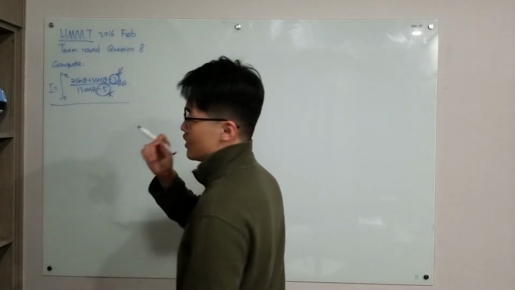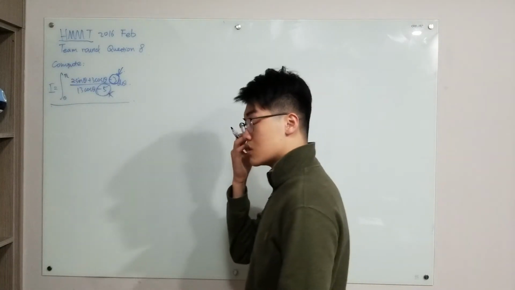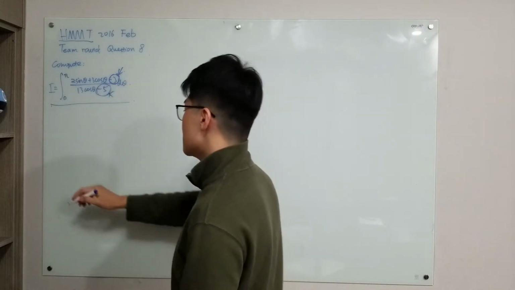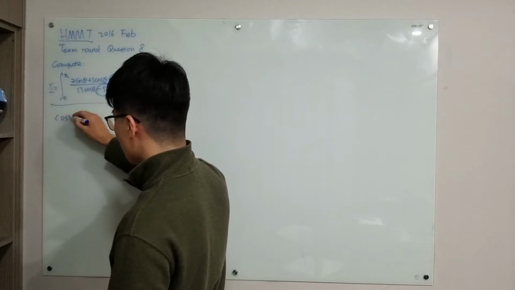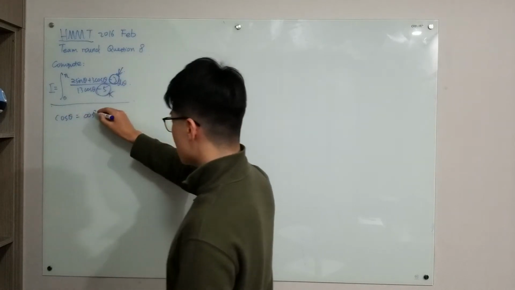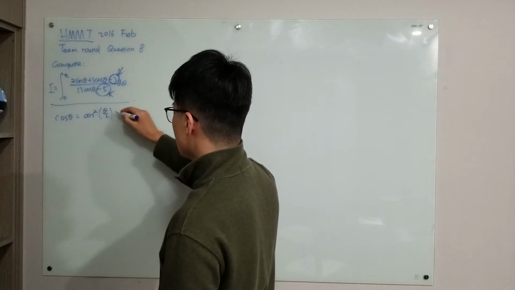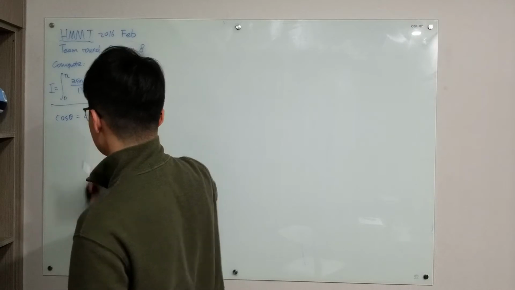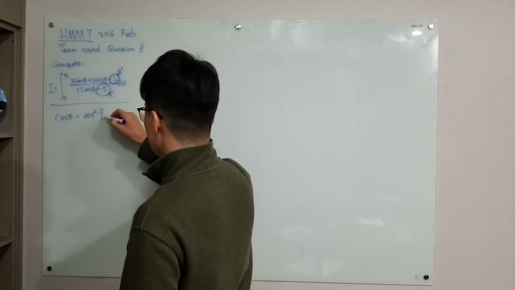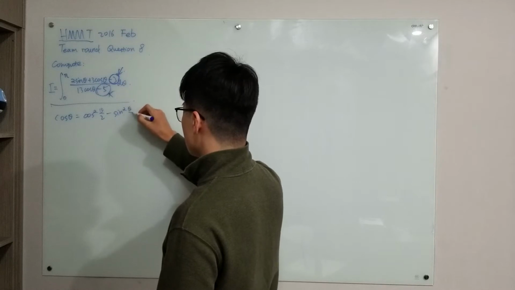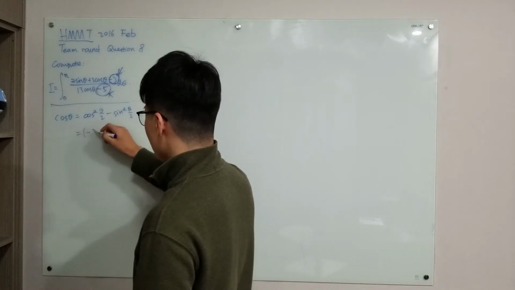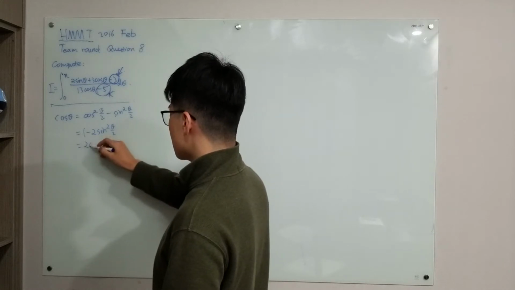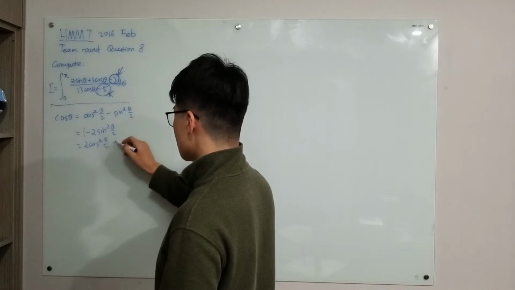The technique to eliminate the constant term and leave only trigonometric terms is to apply the double angle formula. Cosine theta equals cosine squared theta over 2 minus sine squared theta over 2, which equals 1 minus 2 sine squared theta over 2, which equals 2 cosine squared theta over 2 minus 1.